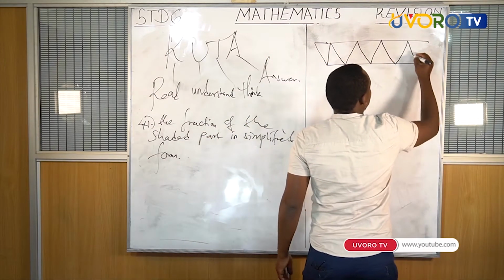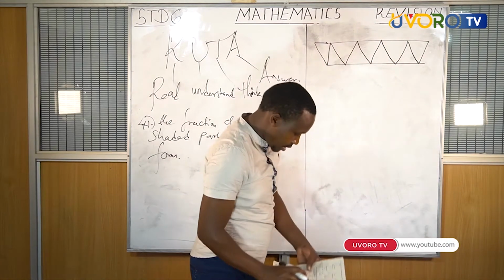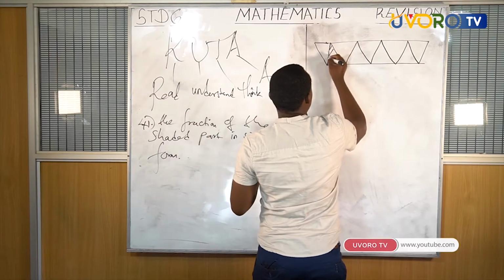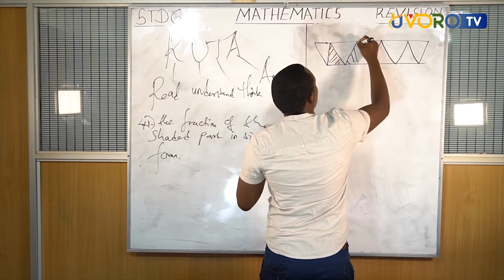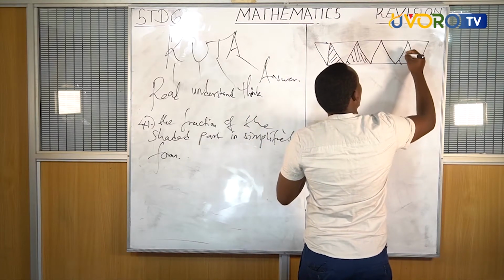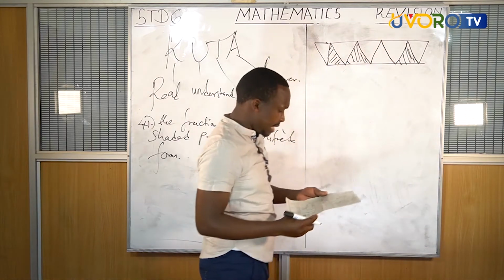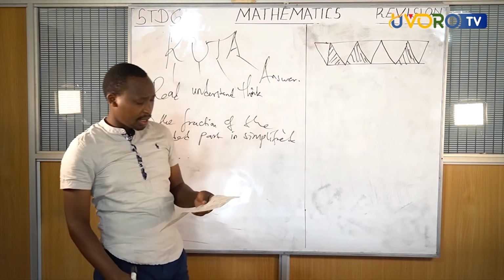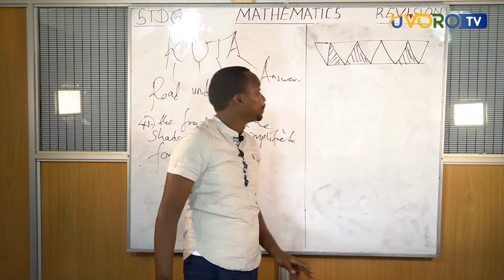These people have just shaded some parts. You are told, what is the fraction of the shaded part in simplified form.